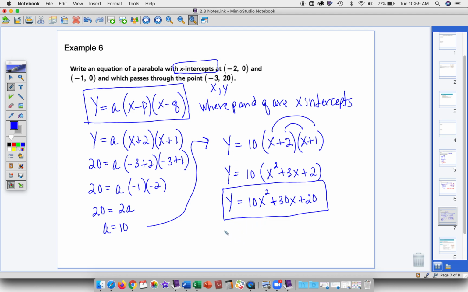Let's see if our point that it passes through makes sense. So I'm going to plug 20 in for y, and -3 in for the x's.